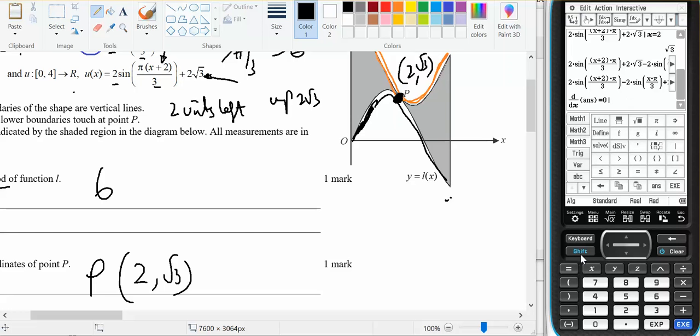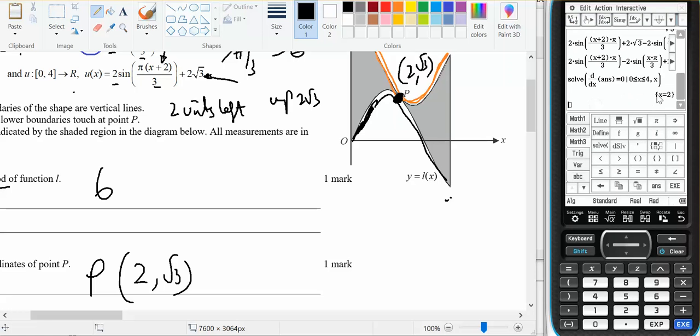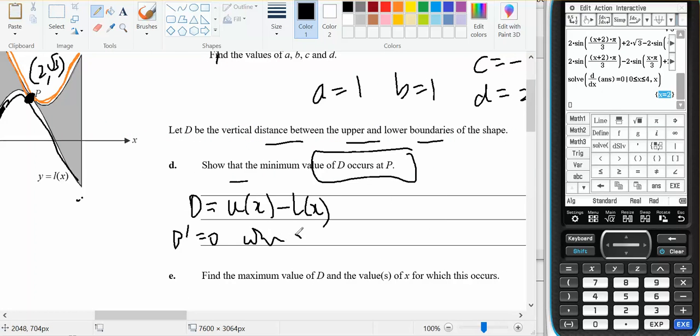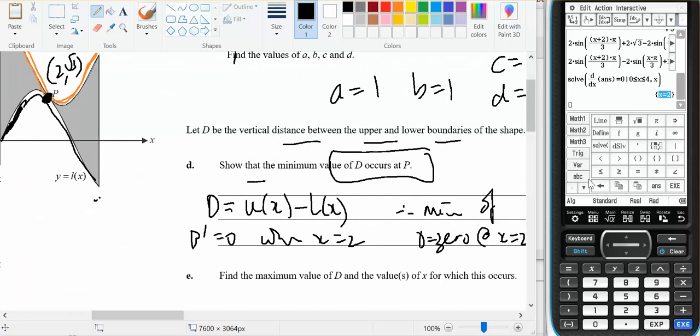Otherwise, with my sines and cosines, I'll end up with lots of answers and constants. The only point is when x equals 2, therefore minimum of 0 at x equals 2, which is at P.